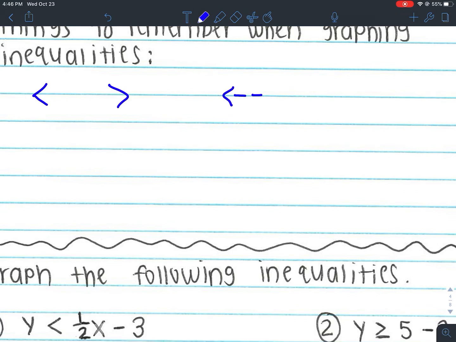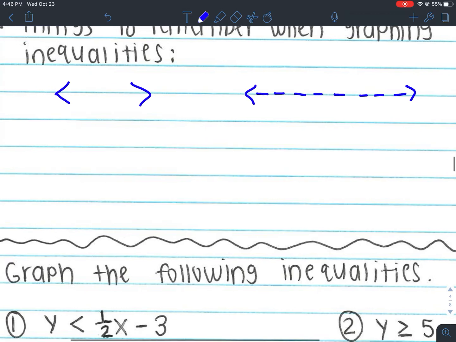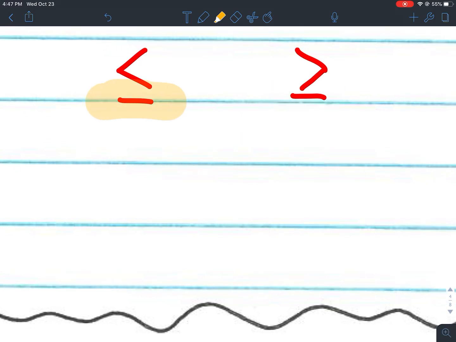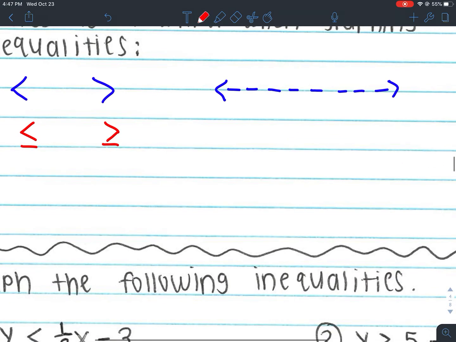So if you have a less than or a greater than sign without any equal to's, when you graph, your line is going to be a dashed line that looks like this instead of a straight solid line. But if you have a less than or equal to or a greater than or equal to, do you see how there are solid lines underneath the inequalities here?